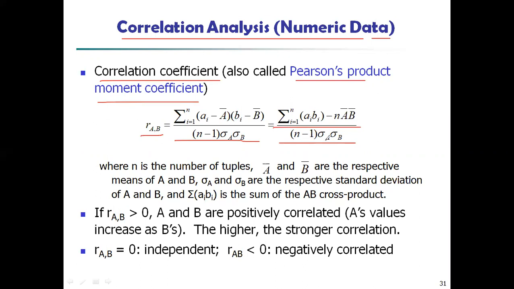Here you need to calculate the standard deviation for a and the standard deviation of b. This is the formula of the correlation coefficient here, right?